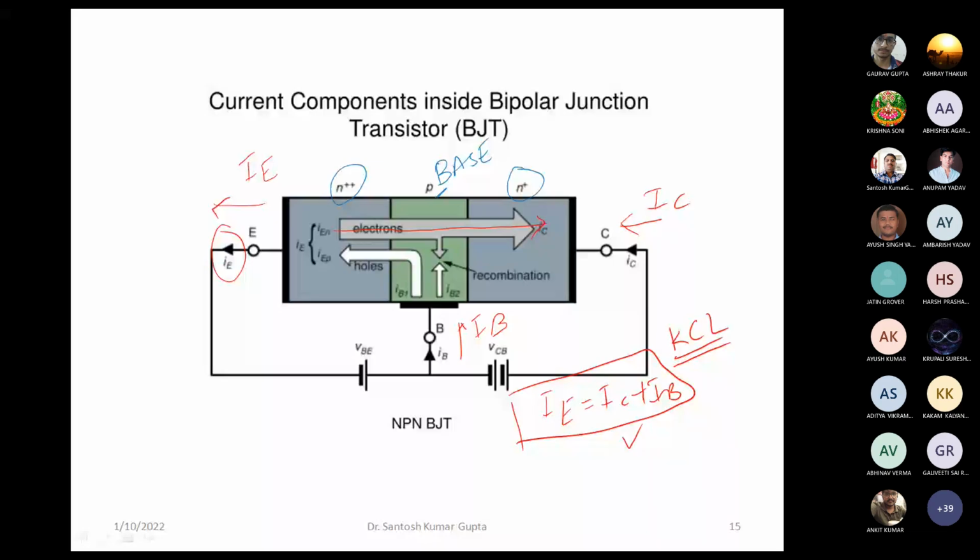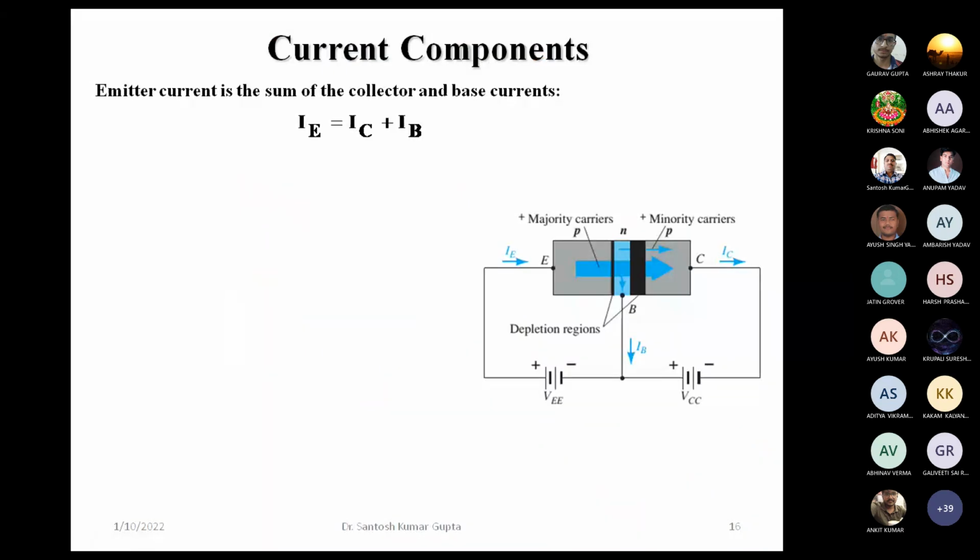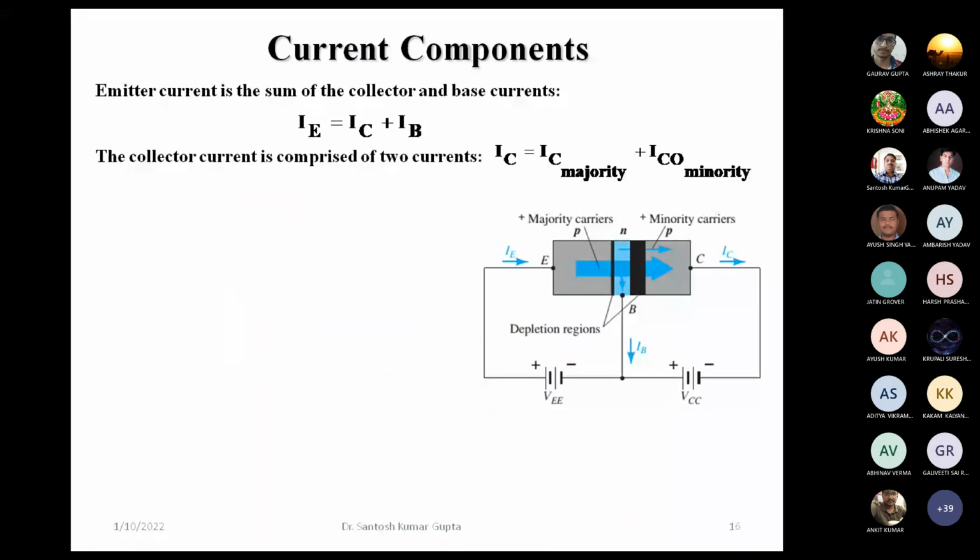So either we take a PNP transistor or an NPN transistor, it is valid for all transistors. IE is equal to IC plus IB. This equation is always valid for NPN or PNP transistors.